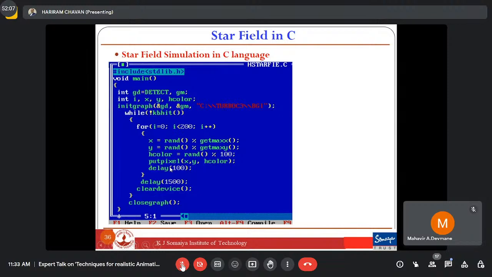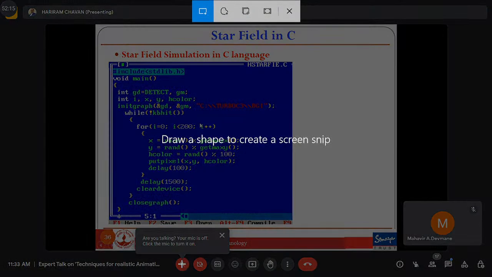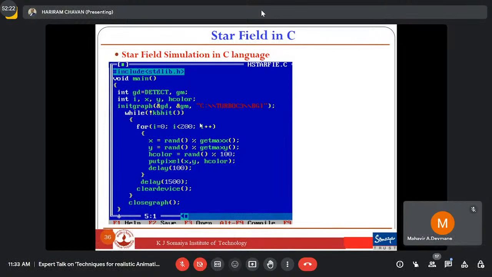I am generating the X and Y coordinates to display a particular pixel by using the rand function, which gives me a random number. Instead, I'm taking a mod of it by getmaxx and getmaxy.